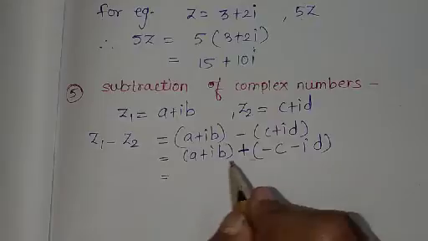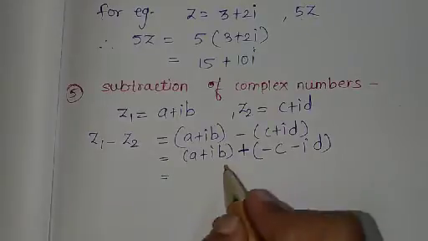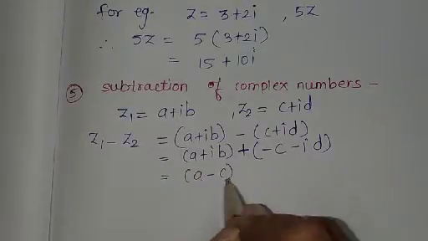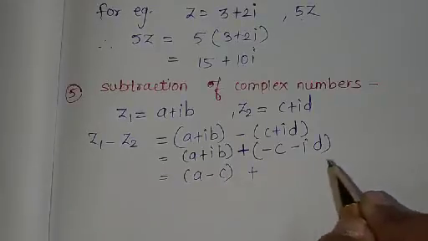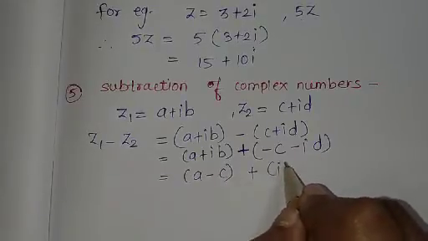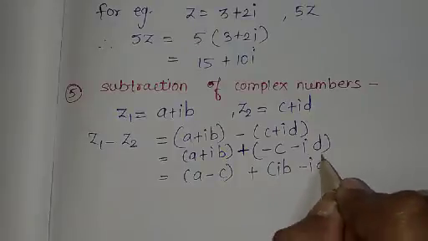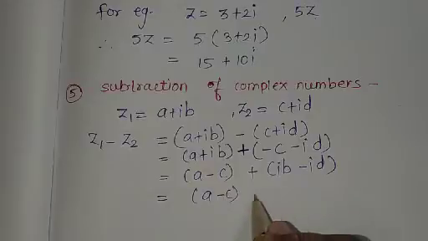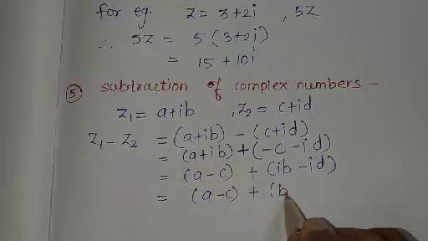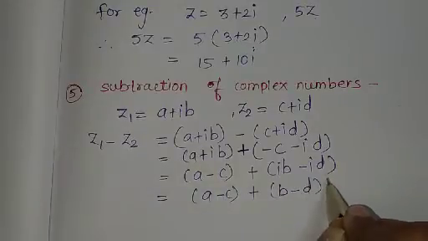Therefore the subtraction of real parts, that is a minus c, and subtraction of imaginary parts, that is ib minus id, we will get a minus c plus b minus d iota.